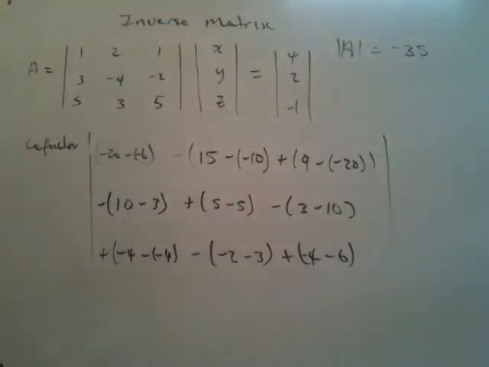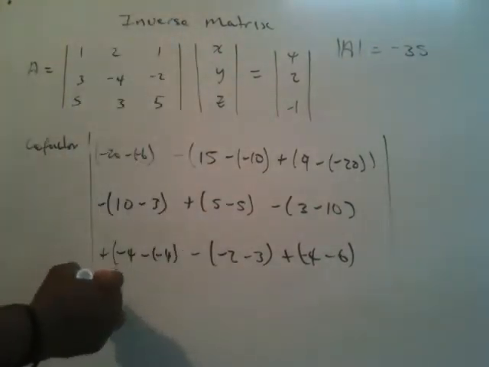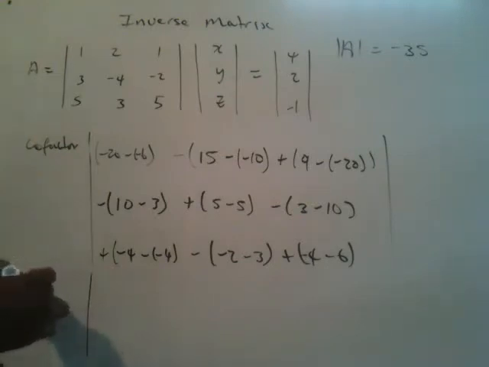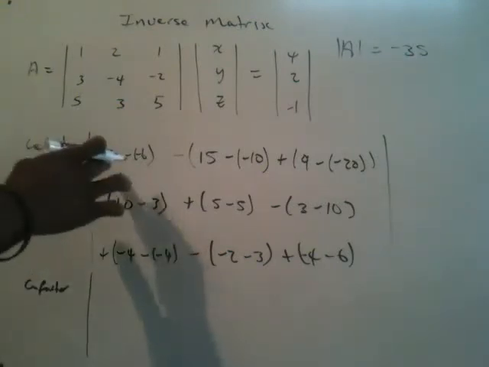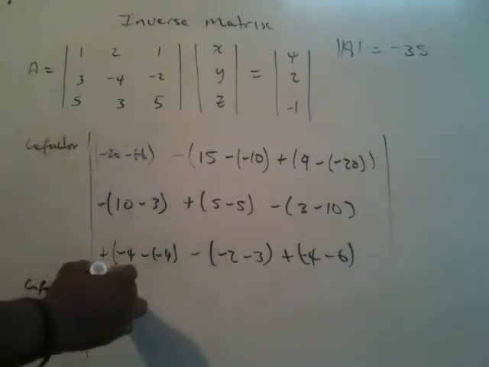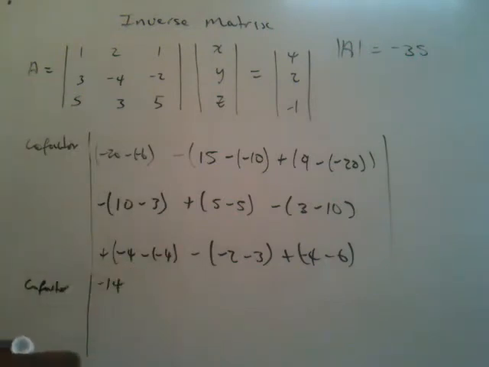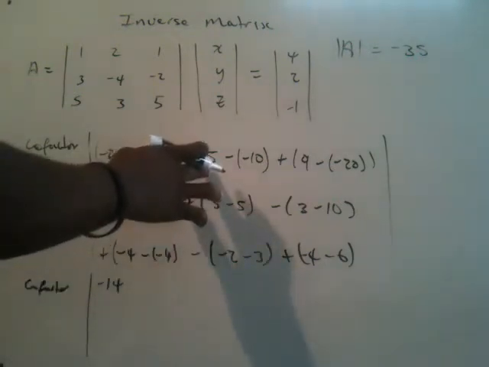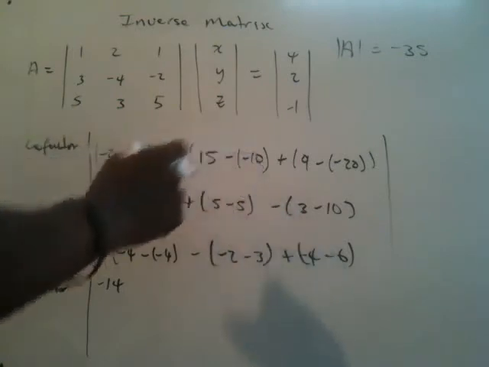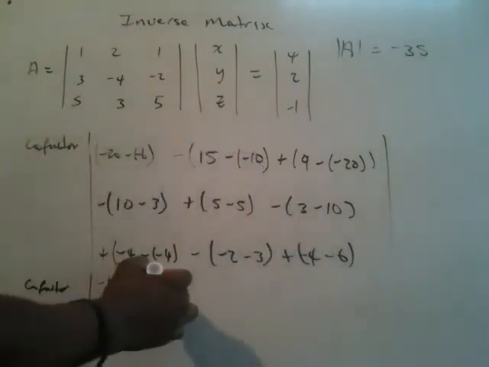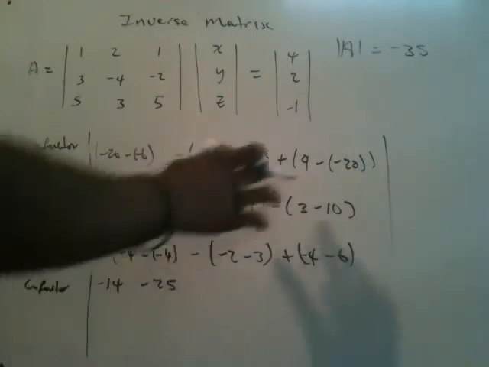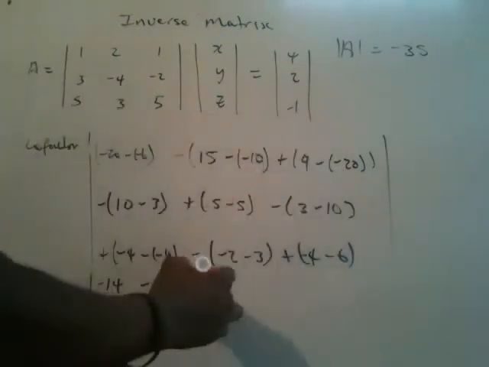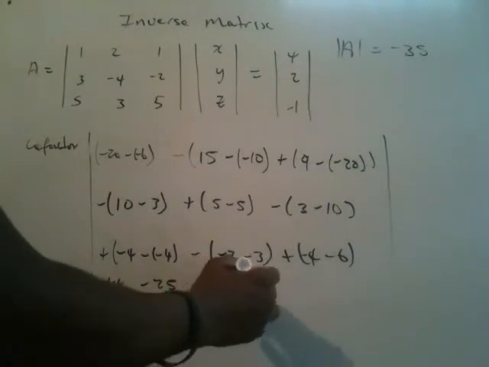So now we try to get the cofactor. We have -20 plus 6, so we end up with -14, and 15 plus 10 gives -25 because the sign is minus, and then a positive 29.